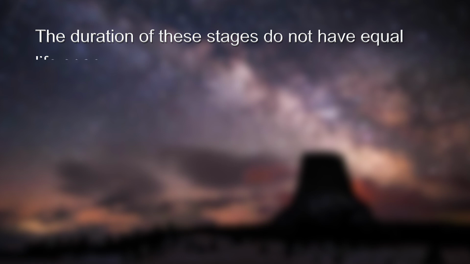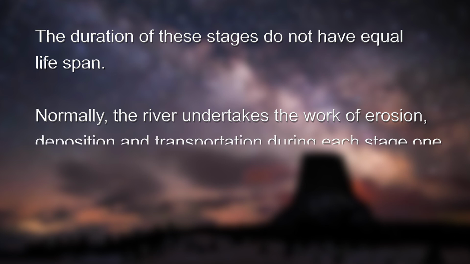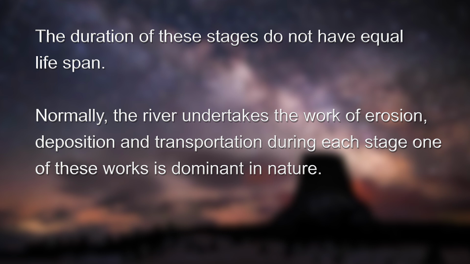Each stage is associated with distinctive landscape or landforms, with the help of which it is possible to identify the stage of the evolution of the landscape. There is a direct relationship between the stage of the development and the character of the landforms. The duration of these stages does not have equal lifespan. Normally, the river undertakes the work of erosion, deposition, and transportation.